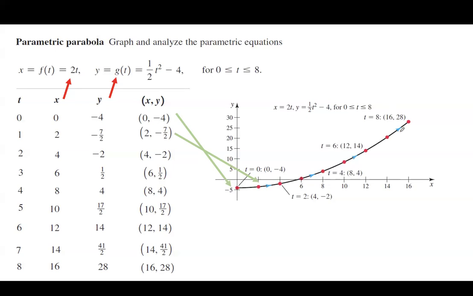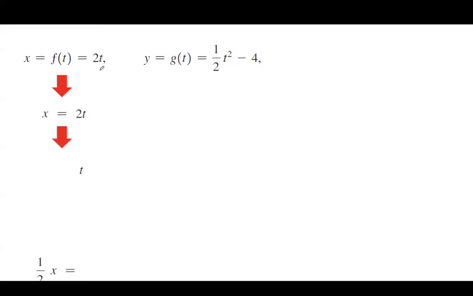Now I expect you to ask how to eliminate t. Well, since x is equal to f of t, or 2t, and y is g of t, which is a half t squared minus 4, from the first equation you can isolate t. x is 2t, so t is nothing but a half x.